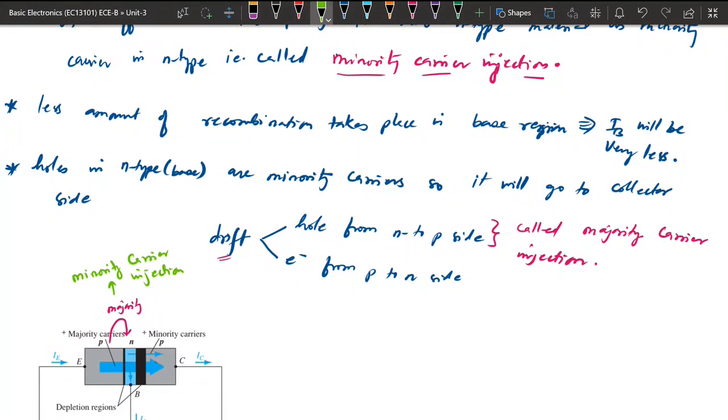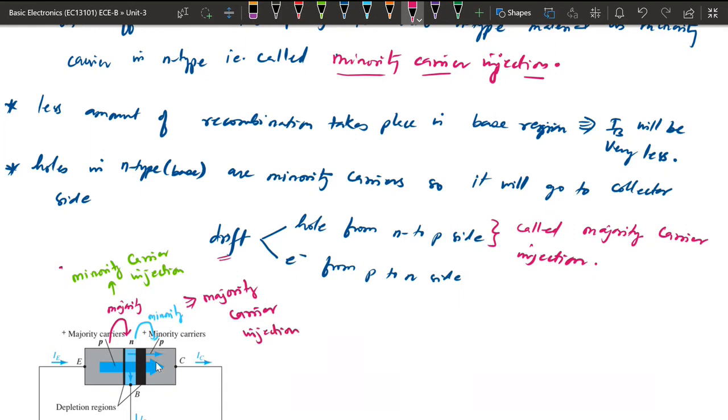Okay, in the reverse bias diode, the same holes will be minority. So whatever charge carriers were majority in the other case, here they will be minority charge carriers. This minority charge carrier moves from the n region to the p region. In the p region, it behaves like a majority charge carrier. So this process is called majority carrier injection.